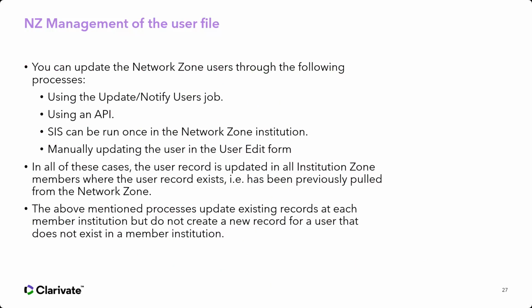You can update via the update notify users job at the network zone. So it doesn't really matter how the accounts are managed at the network zone. In any of these scenarios, updates would flow onto the copies that are created at the separate institutions. So that's one thing to keep in mind.